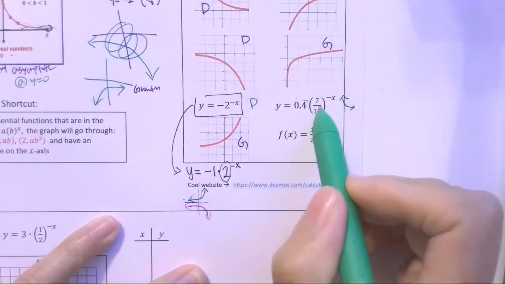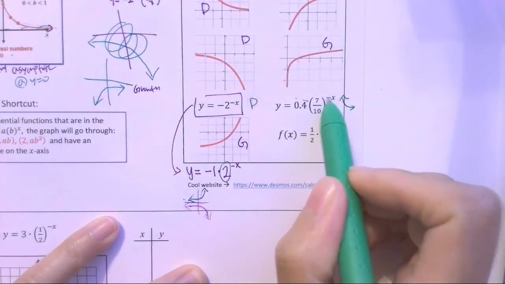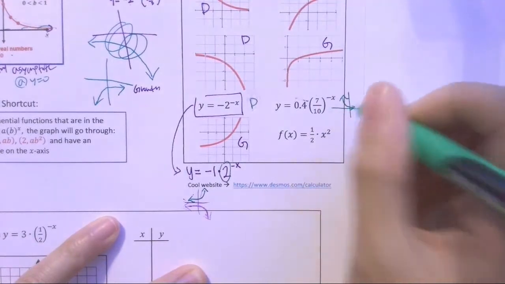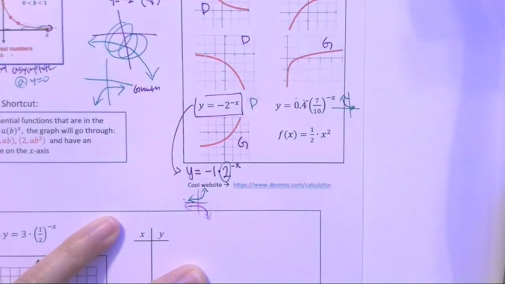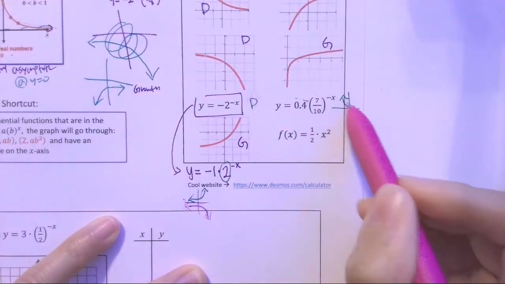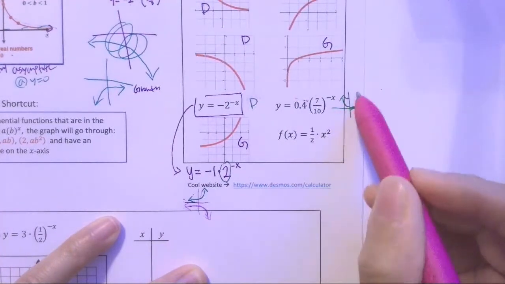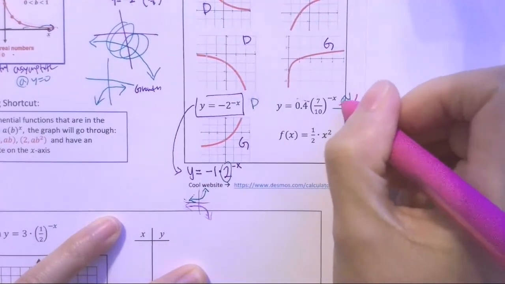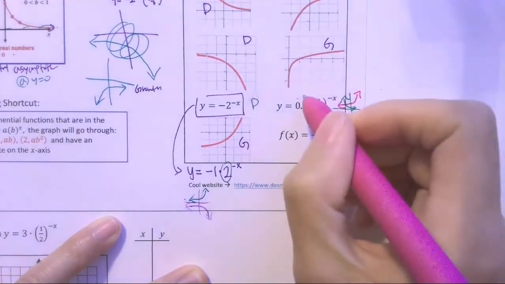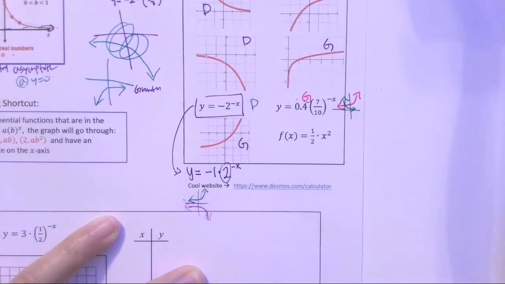However, do you see a negative in front of the x? Yes. So what does that mean? That means your x changed the sign, so there's going to be a y-axis reflection. So you take this graph, reflect it over the y-axis, and it's going to look like this in a pink color, therefore it'll be growth.